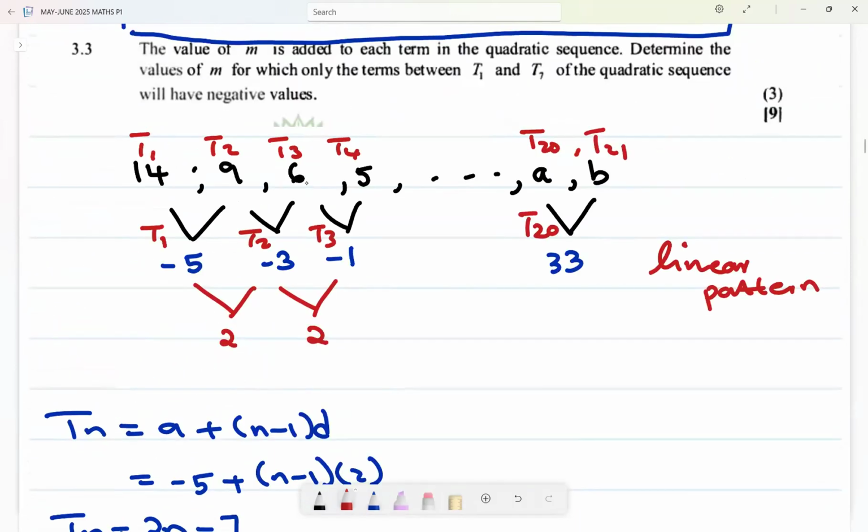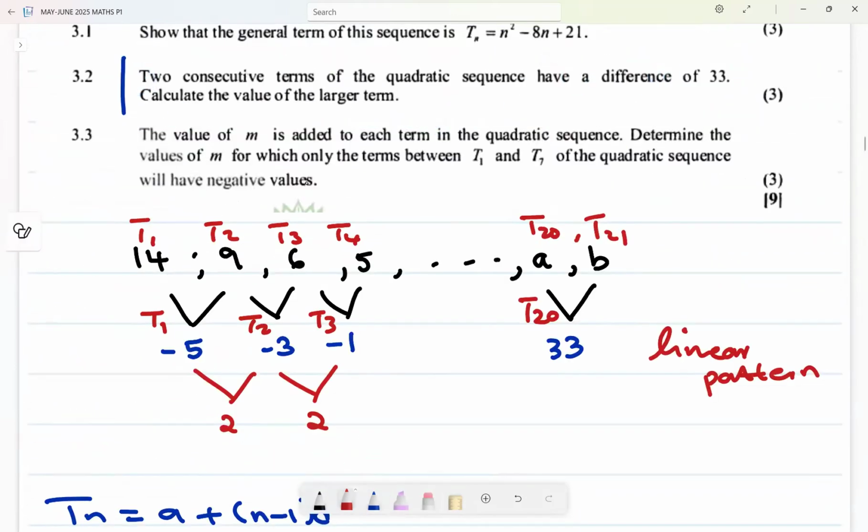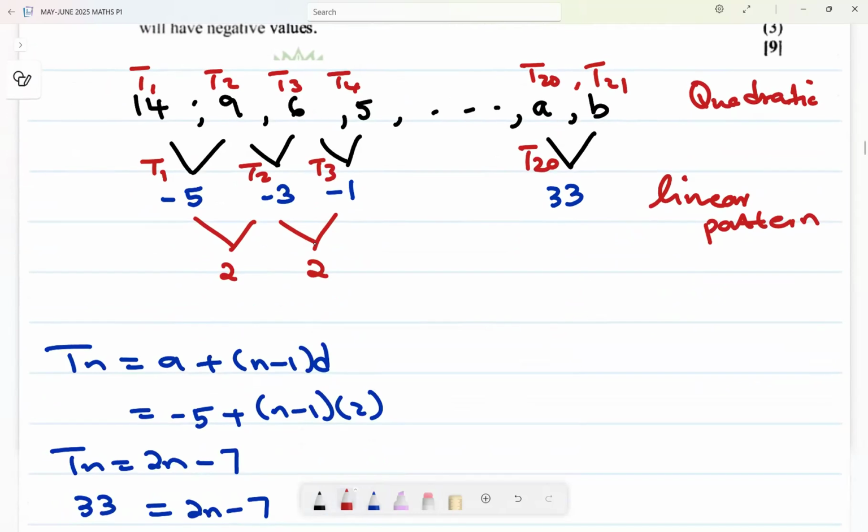But now the question is about two consecutive terms. We know those two consecutive terms are term number 20 and term number 21. And it says calculate the value of the larger term. The larger term is which one? Term number 21. So I'm going to go to term number 21 of the quadratic equation and substitute 21 into it.